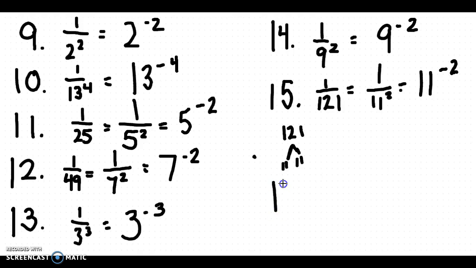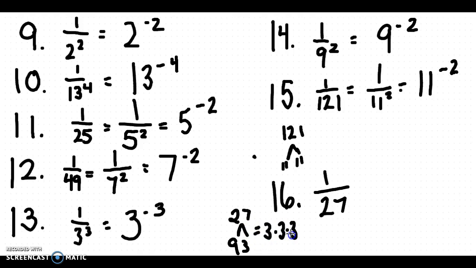And finally, for 16, 1 over 27, nothing squared gives me 27, but 27 does break down into 9 and 3, and 9 is going to break down into 3 and 3. So 27 is equal to 3 times 3 times 3, which is 3 cubed. So we can write that as 3 to the negative third power.